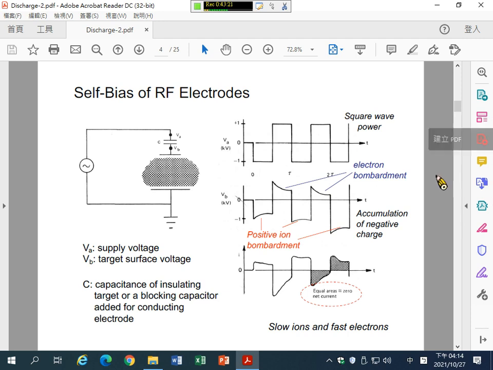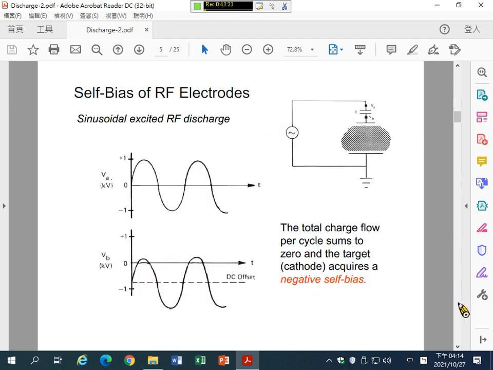And if we change the power output to a sinusoidal form, here is the output voltage versus time, the voltage VA reading here. And for the voltage on the electrode surface, after passing through the blocking capacitor, the voltage reading VB looks like this.